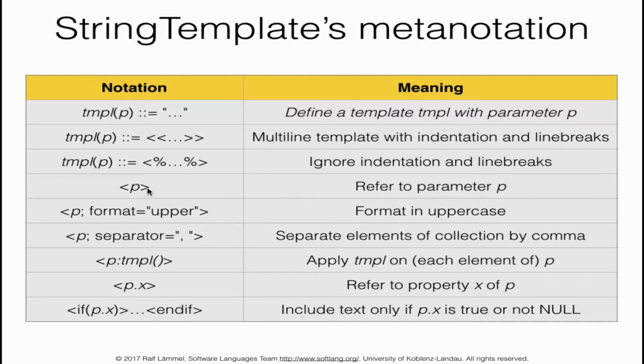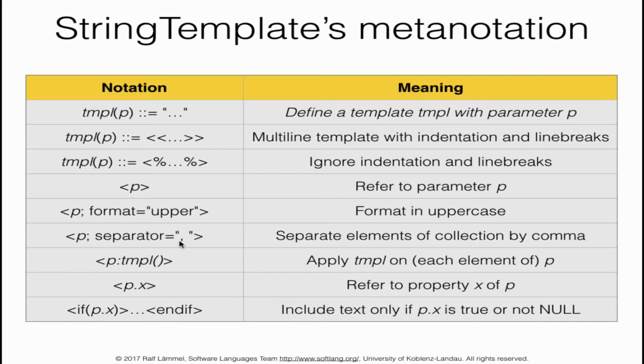As we just saw in the Hello World example, we can refer to parameters within templates, but we might also add some additional information about formatting, such as formatting the parameter's text in uppercase. And if we have a parameter that is essentially a collection, then we can also control how the individual elements should be separated.